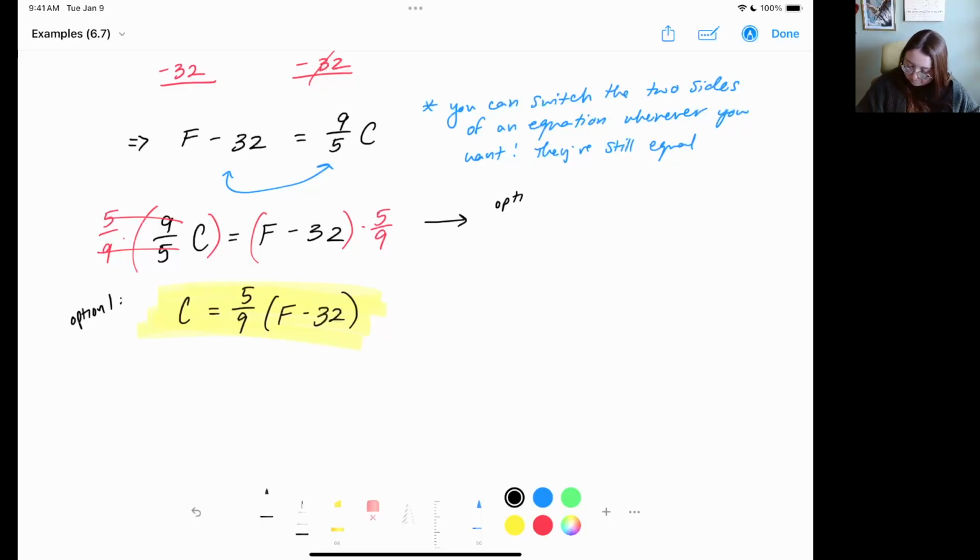So this was option 1. This is option 2. When you have 9/5c is equal to f minus 32, you could get rid of the fraction a little slower, and that is to piece by piece dissolve the fraction. You're dividing by 5 on the left side, so what you could do is multiply both sides by 5.